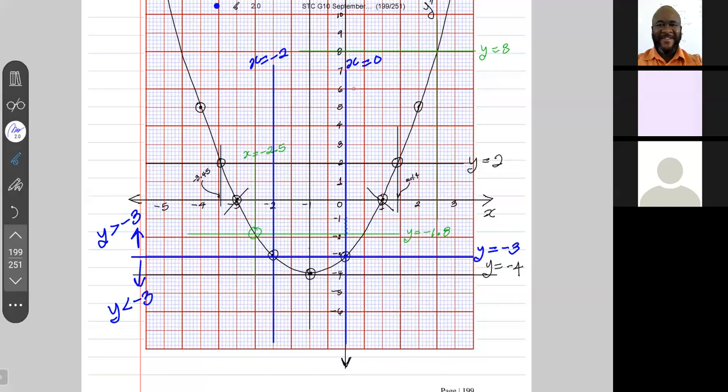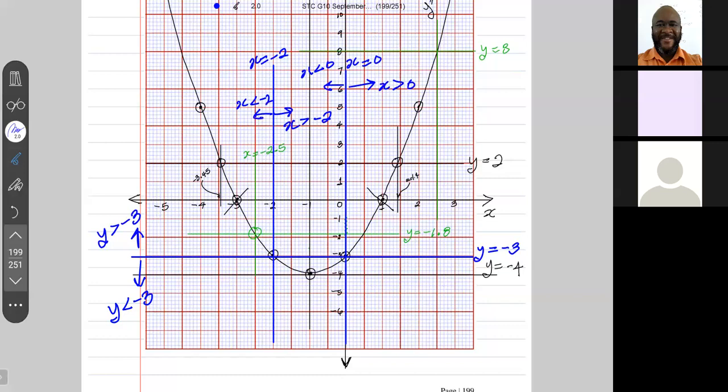To the right of this line, x is greater than 0. To the left of this line, x is less than 0. To the right of this line, x is greater than minus 2. To the left of this line, x is less than minus 2.